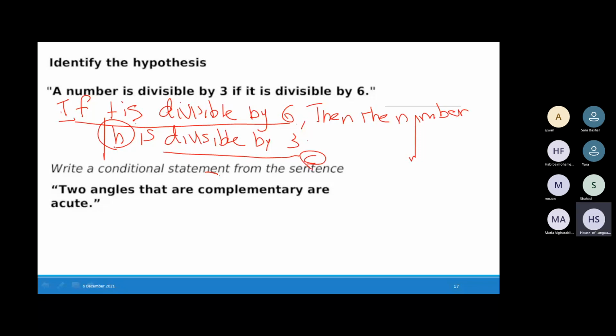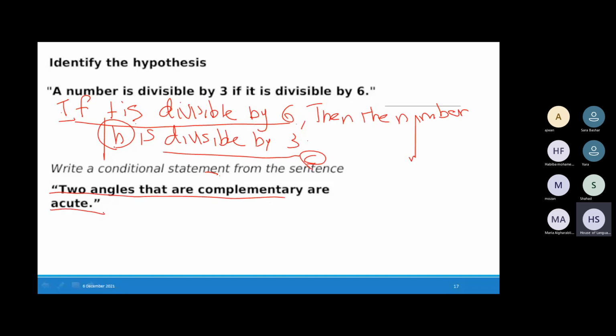Now look at the second one. Two angles that are complementary are acute. I want you to write the conditional statement. Sometimes you have two statements here. The first one, two angles are complementary, and the second one, acute.